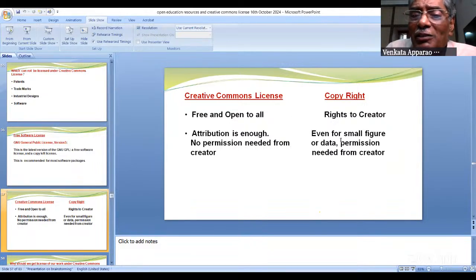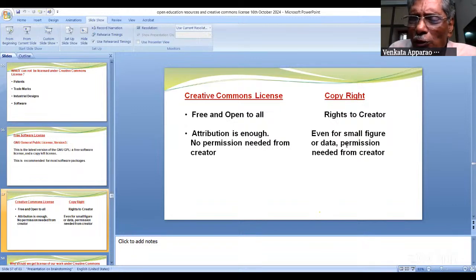But copyright, even for a small figure or data, permission is needed from the creator. You want to write a new book. You want to get some data published by some author in another book. You want to take the data, or you want to take some image, some photograph, then it is under copyright.